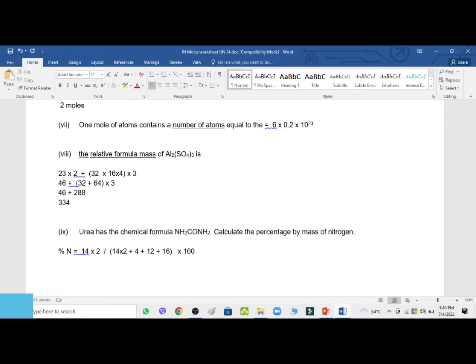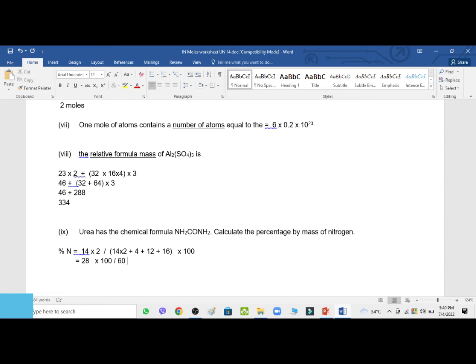So what do you get here? 28, right? And that is to be multiplied with 100 and divided by the compound mass. 14 into 2 is 28. So 28 plus 4 plus 12 plus 16, altogether we get 60 here.